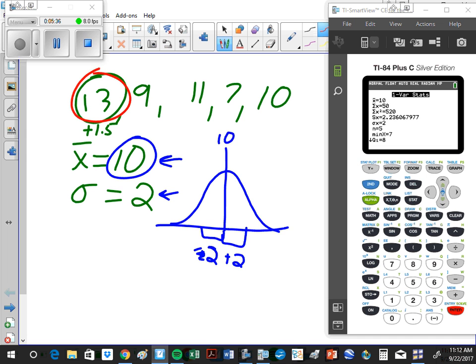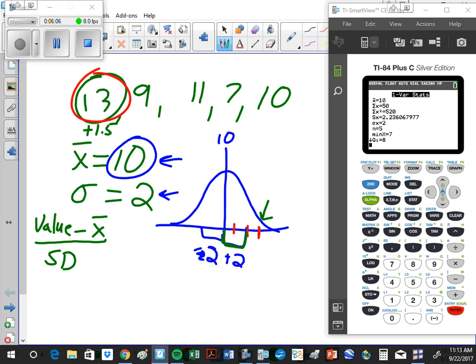So 13 would be 11, 12, 13. The question is, how many of these does it take to get here? 1.5 2's. So all you really have to do, you have to take your value and subtract the x bar and divide it by the SD.